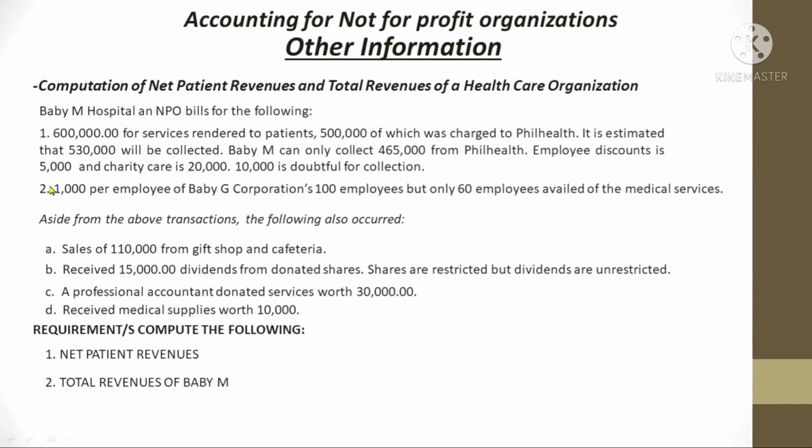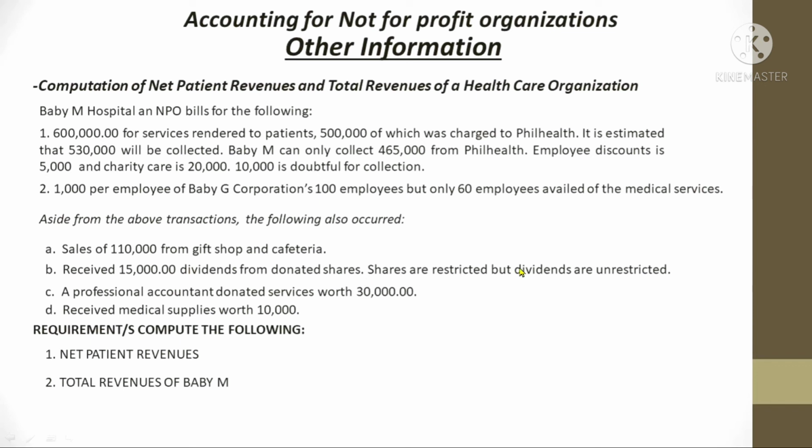And number two, BBM also billed 1,000 per employee of BBG's corporations, 100 employees, but only 60 employees availed of the medical services. And aside from the above transactions, the following also occurred. Sales of 110,000 from the gift shop and cafeteria happened, and BBM also received 15,000 dividends from donated shares.